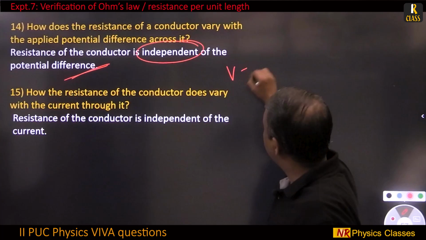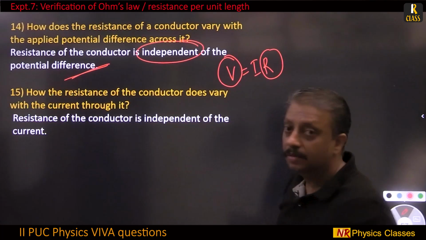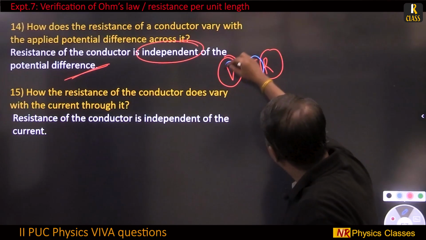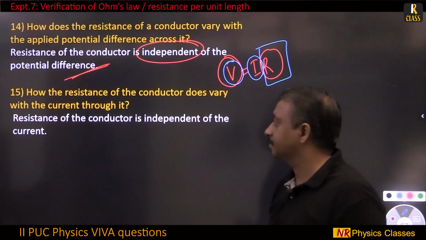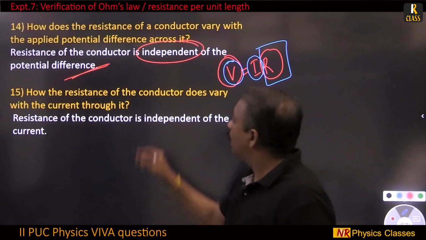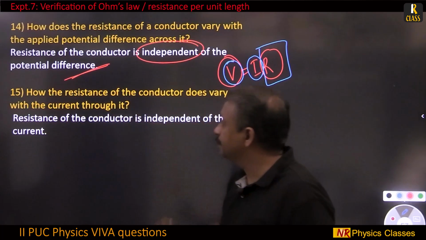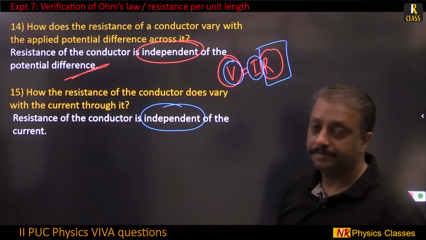You should not say V equals IR, therefore resistance is directly proportional to potential difference. No. Current is directly proportional to potential difference. Resistance is constant. How does the resistance of a conductor vary with the current through it? Resistance is independent of the current.